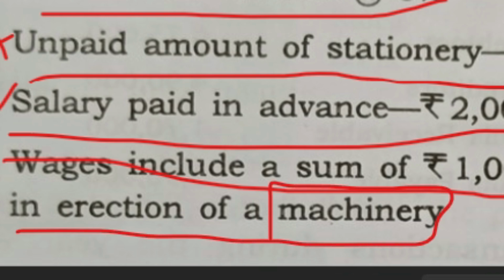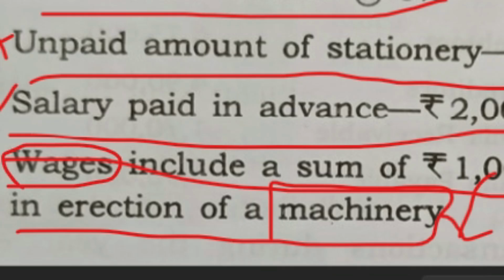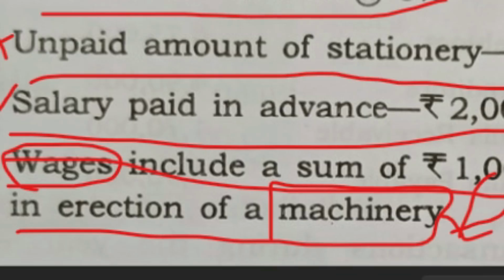At the time of installation of machinery, any expenses incurred are to be capitalized, which means that expense shall be added to the machinery account. So this 1,000 will be deducted from wages on the debit side of the trading account, and this 1,000 shall be added to machinery on the asset side of the balance sheet.